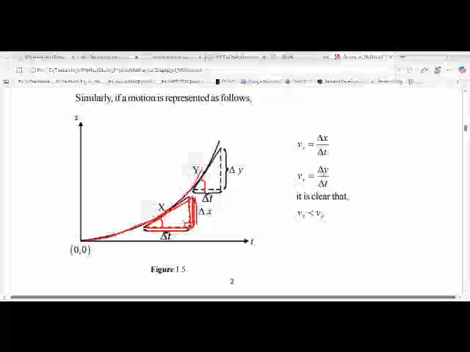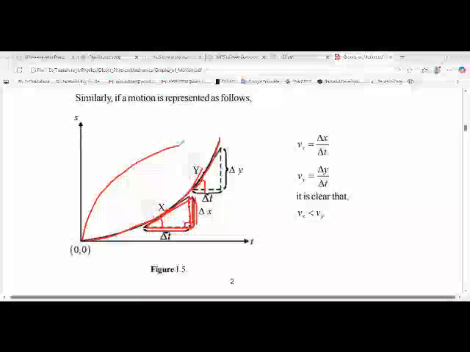But unlike the previous case, this object is moving away from the observation point, and it is also accelerating. In the previous case, it was away from the observation point but decelerating. It was like this graph.